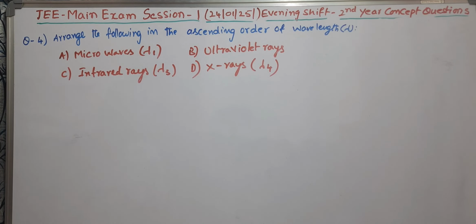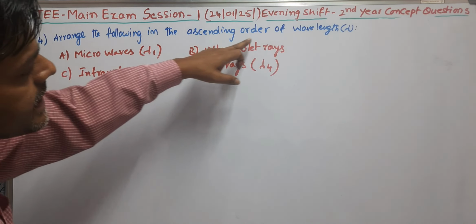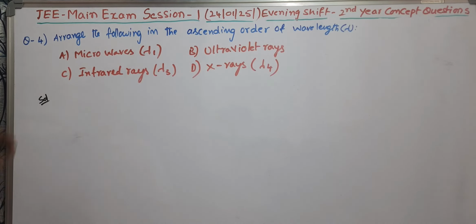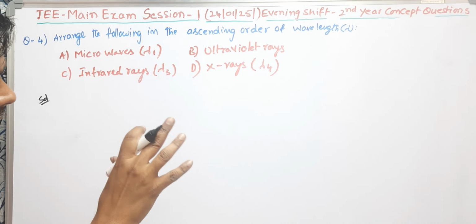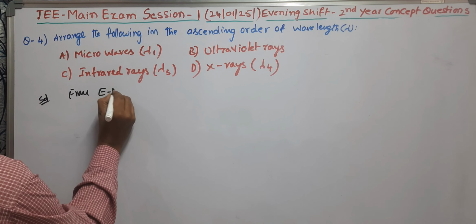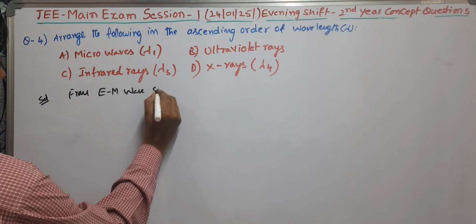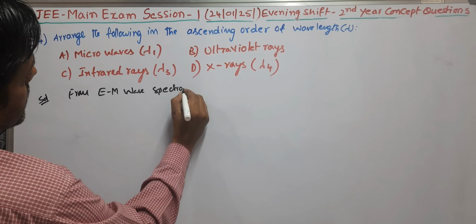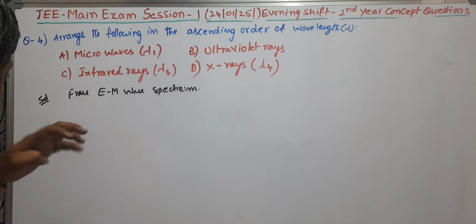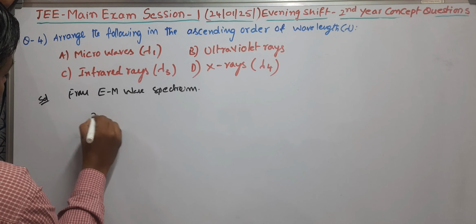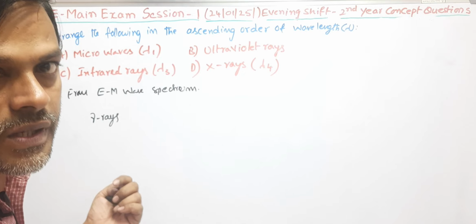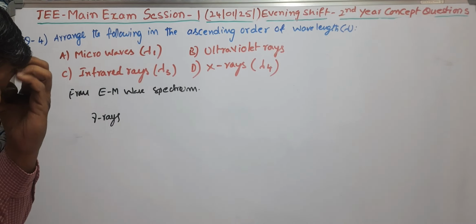The fourth question: arrange the following in the ascending order of wavelength. Some waves are given, but you should remember the exact order from the electromagnetic wave spectrum. Gamma rays travel the shortest distances, so they are very short range.